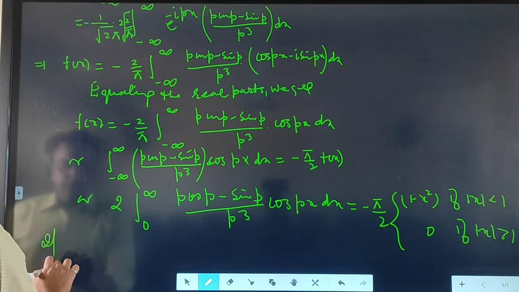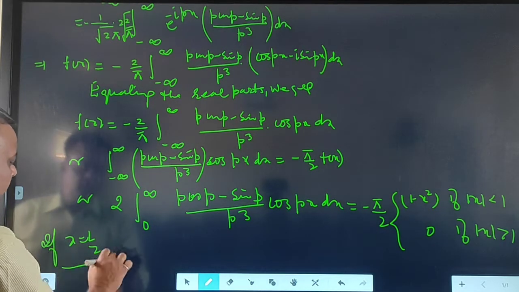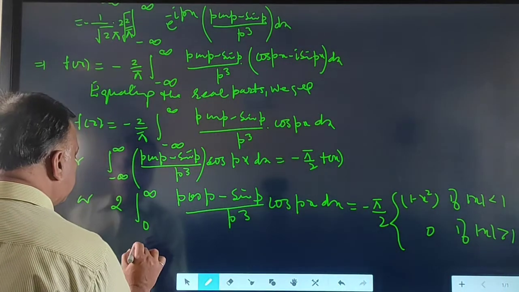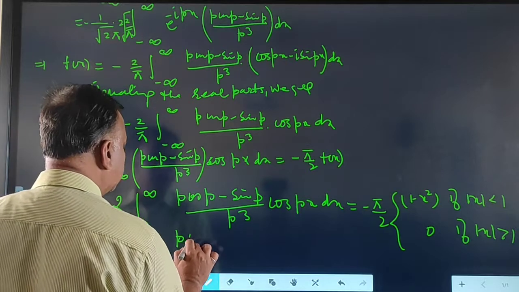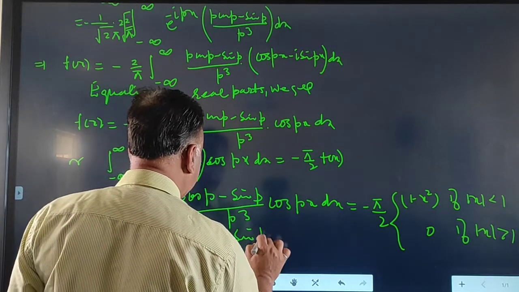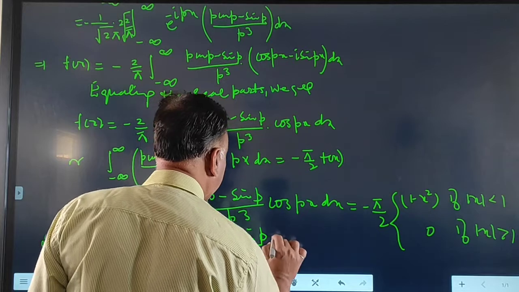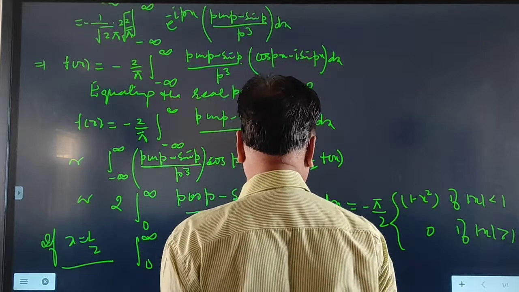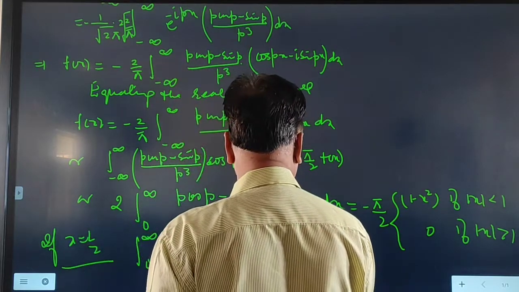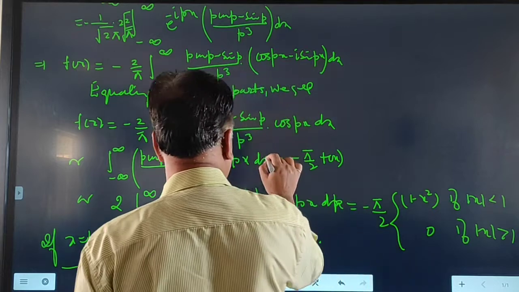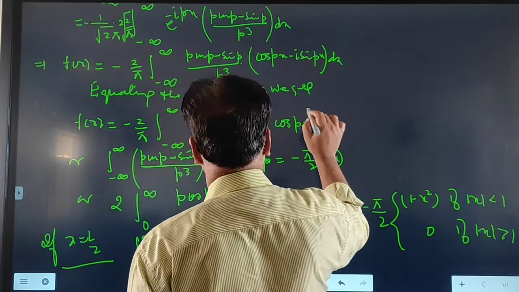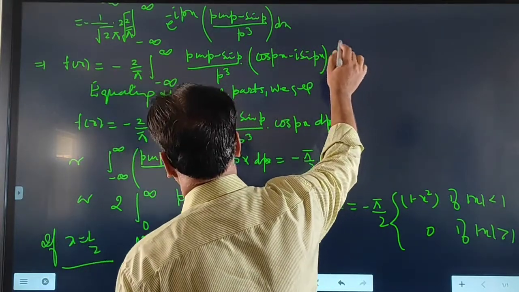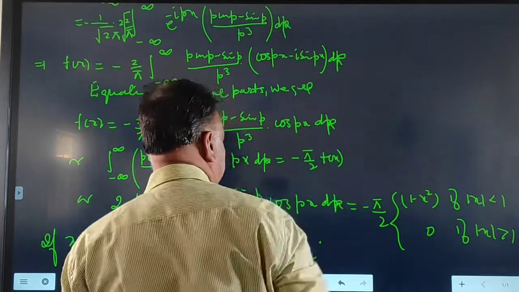So if we put x equal to 1 by 2, then the value of the function is 1 minus x square. So this is equal to integral 0 to infinity, p cos p minus sin p upon p cube, into cos p by 2 dp, by the inverse Fourier transformation.